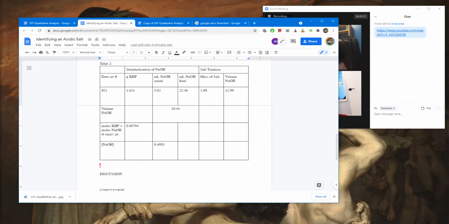Half of it has been neutralized there. Equivalence point, all of it. So half equivalence point, and then equivalence point is like 7.